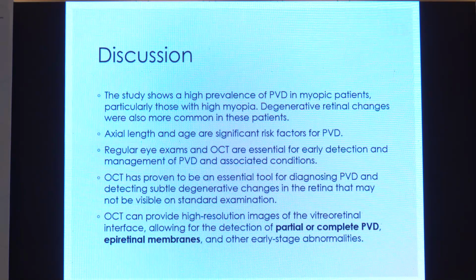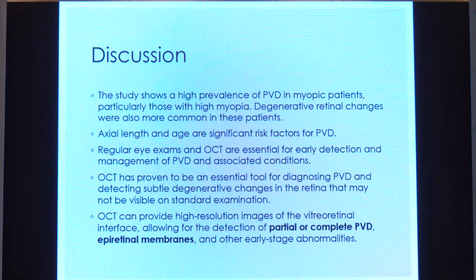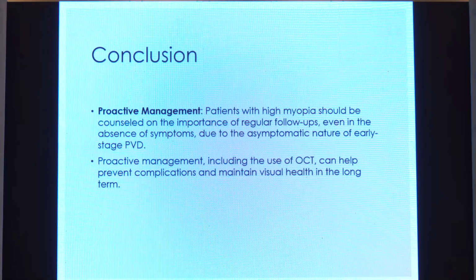OCT has proven to be an essential tool for diagnosing PVD and detecting subtle degenerative changes in the retina that may not be visible on standard examination. OCT can provide high-resolution images of the vitreoretinal interface, allowing for the detection of partial or complete PVD, epiretinal membranes, and other early-stage abnormalities. Conclusion.